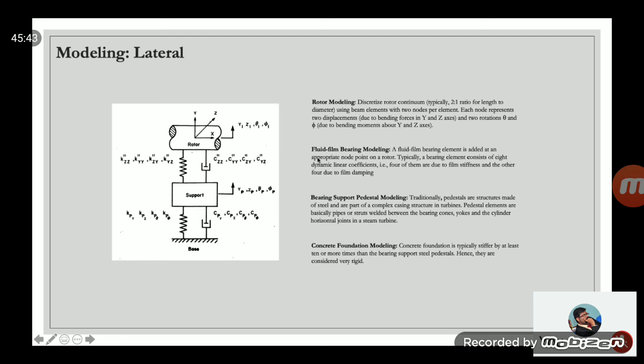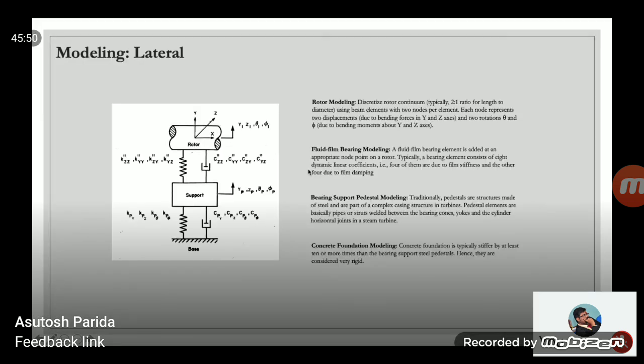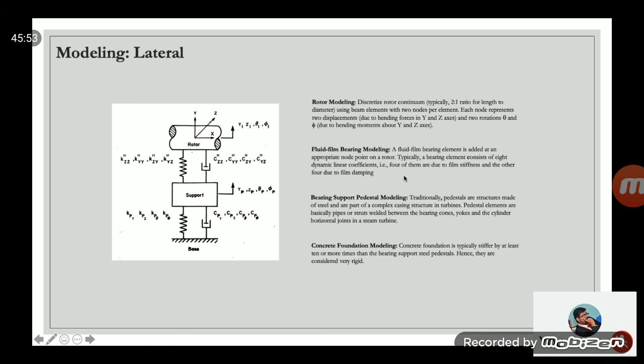Then fluid film bearing modeling is added at the appropriate node, and it gives all 8 dynamic coefficients, 4 stiffness and 4 damping. The bearing support pedestal model has stiffness only in most cases. The last one is the base concrete foundation. It is very, very solid, so it is considered rigid.